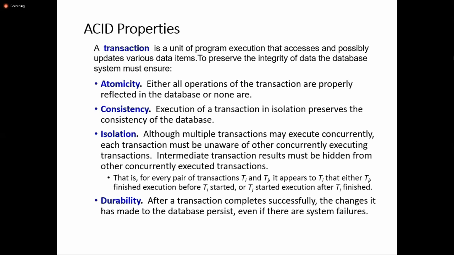Isolation: although multiple transactions may be executed concurrently, each transaction must be unaware of the other concurrently executing transactions. The intermediate transaction results must be hidden from other concurrently executing transactions. That is, for every pair of transactions Ti and Tj, it appears that either Tj finishes execution before Ti starts.